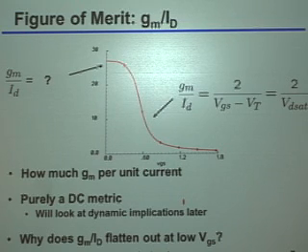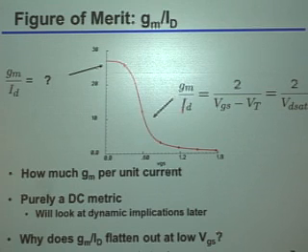So I'm showing you a plot now for a real device of what happens to this GM over ID metric if I change the gate to source voltage. What you can see is that as you decrease the gate to source voltage, this GM over ID metric goes up. Based on our previous equation, that makes sense, because we said that GM is equal to 2 ID over VGS minus VT.